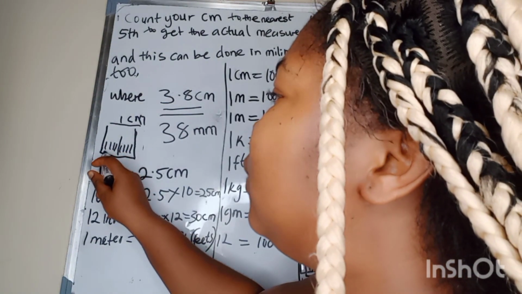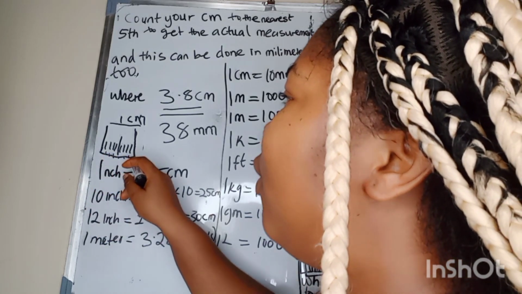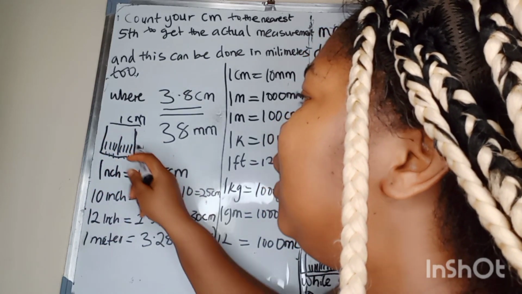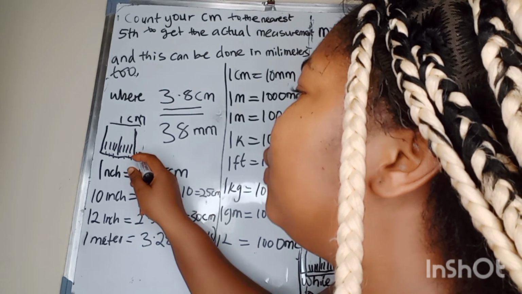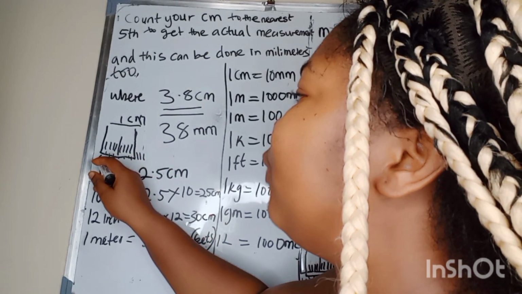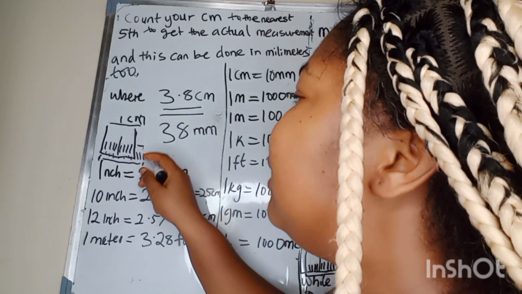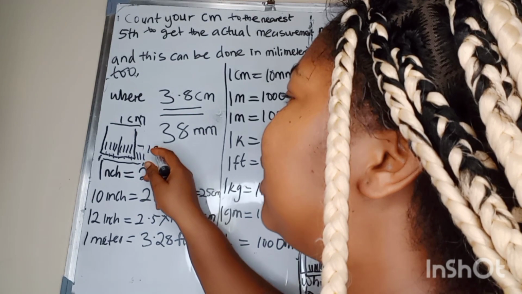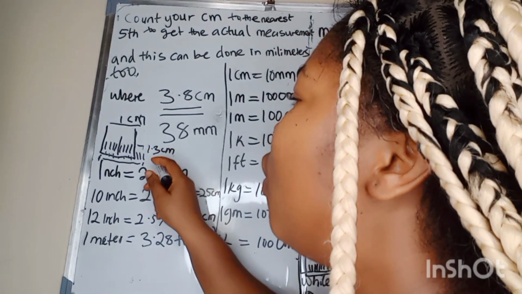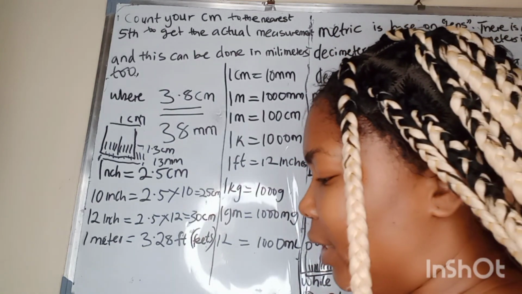So now this is what I refer to as millimeter, and I have 10 of these to give me 1 centimeter. So if I have an extra 1, 2, 3 of these tiny lines, and my object is measuring from point 0 to this point here, I can say that this equals 1.3 centimeters or 13 millimeters. That is what I just explained to you now.